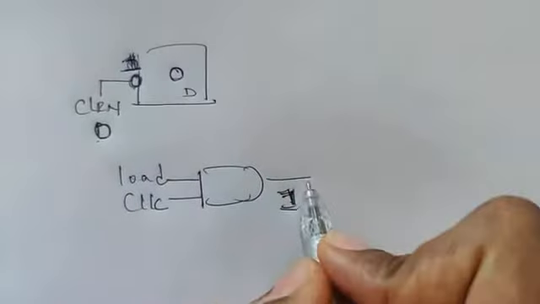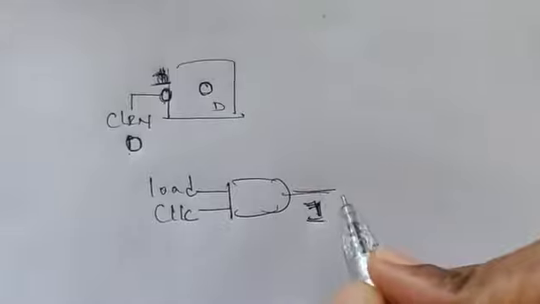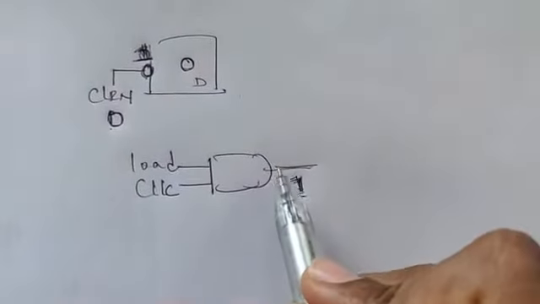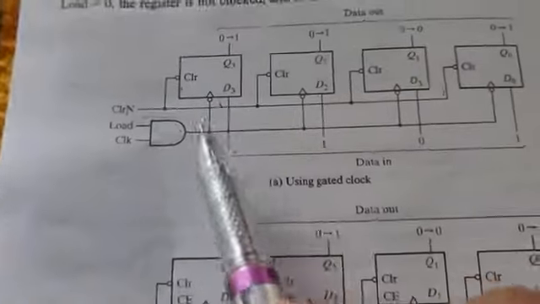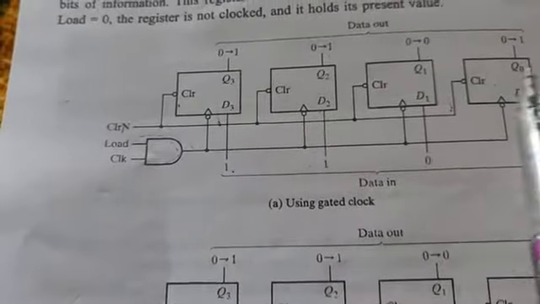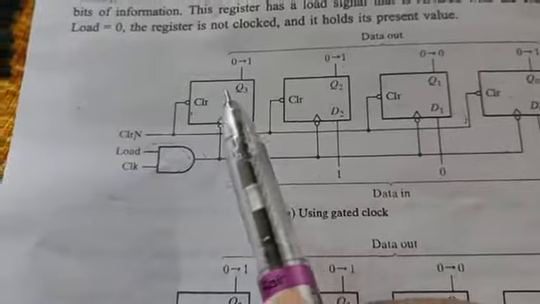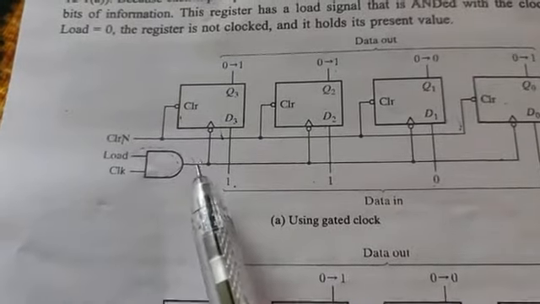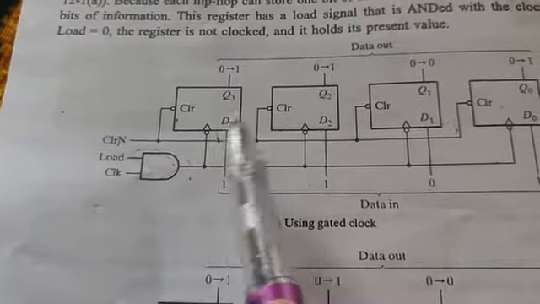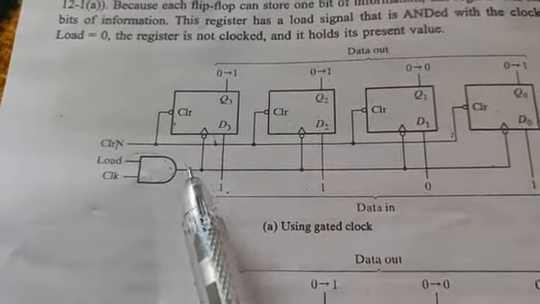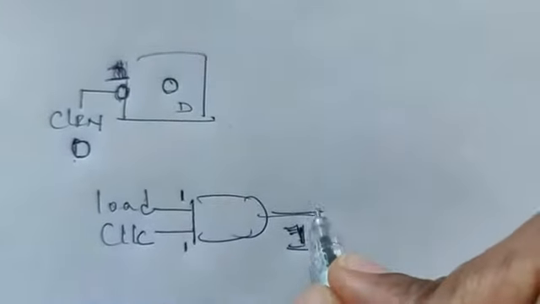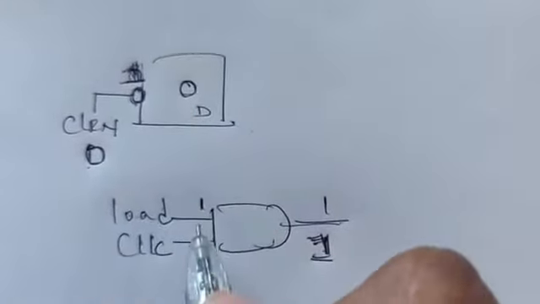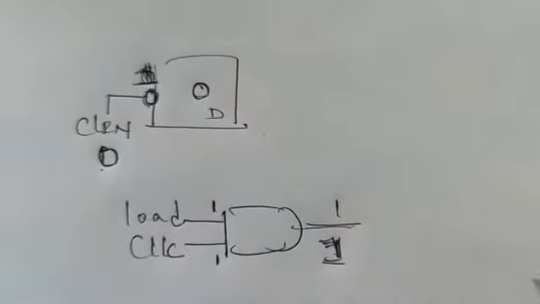If the output is 0, then the clock pulse is not applied to the flip-flops. So in order to make the output 1, both inputs should be 1. If either one of them is 0, the output will be 0.